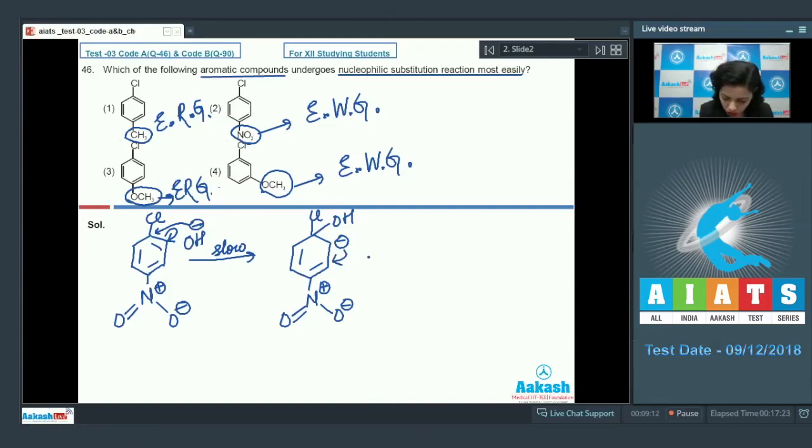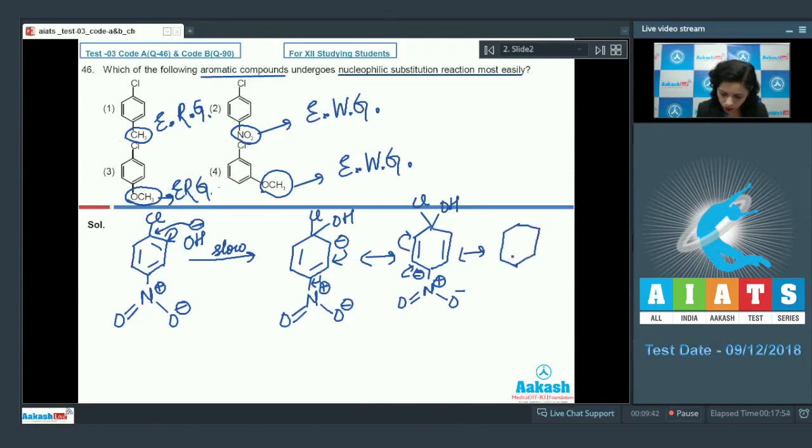So the resonating structures you can draw here would be this, this is the negative charge. Now further, one more resonating structure can be formed here, this type of structure, in which this negative charge would be here.